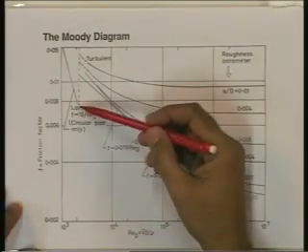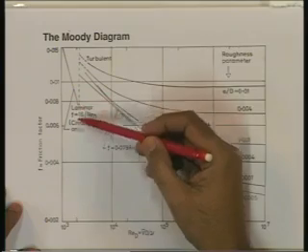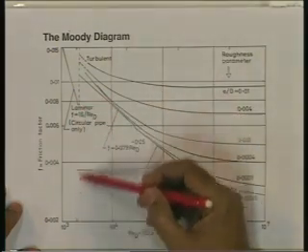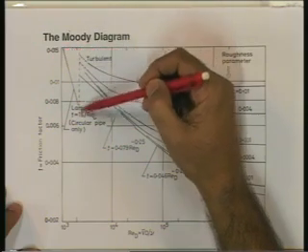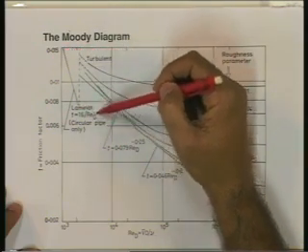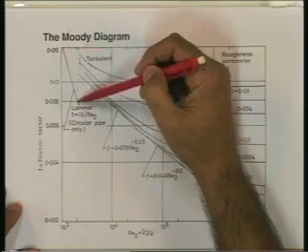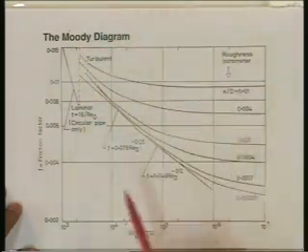Notice that when the flow is laminar, Reynolds number less than 2000, the laminar relation f equal to 16 by Re_D applies. That is represented by this straight line here.